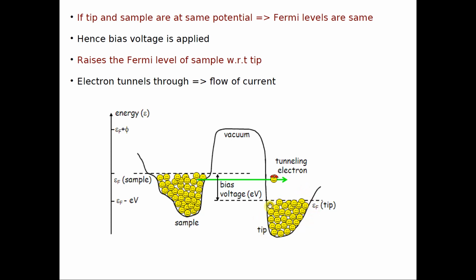Now when it has come down, you can see that an electron from the sample can cross the barrier making use of the tunneling process, that is the quantum nature, the dual nature, and come over to the tip side, and obviously it will get an energy state to occupy. This electron which has undergone this process you will call a tunneling electron. You know that the movement or flow of electrons produces current. So the flow of tunneling electrons is going to produce a tunneling current.